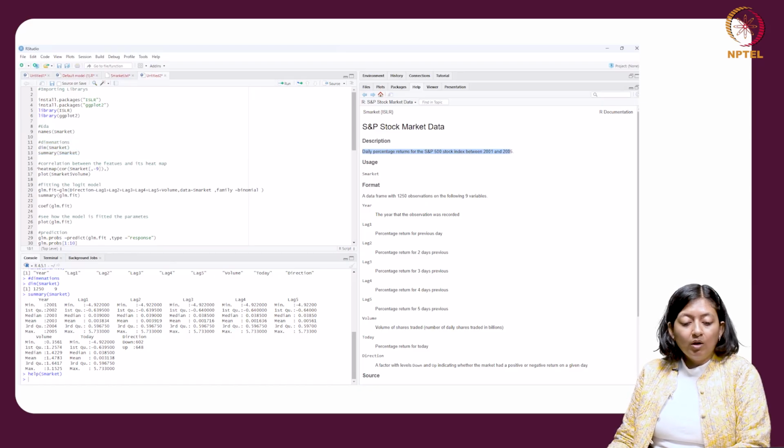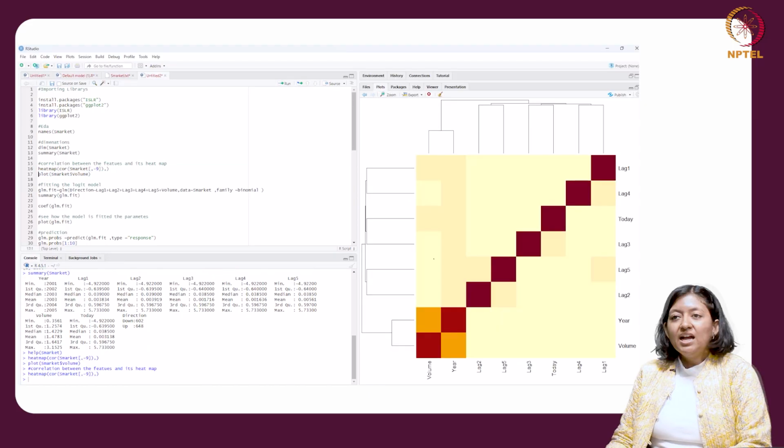Now, we may also want to see if there is any association between the different features of this stock market dataset. And as you can see, some of the features are a little more correlated than some of the other features. But overall, the amount of correlation doesn't seem to be extremely high for most of the features.